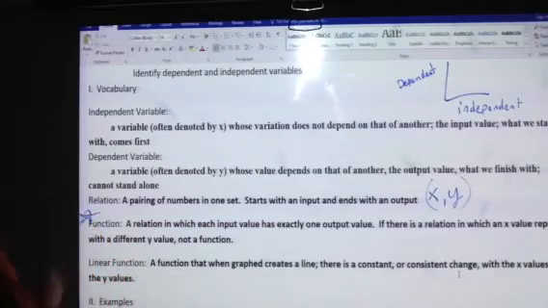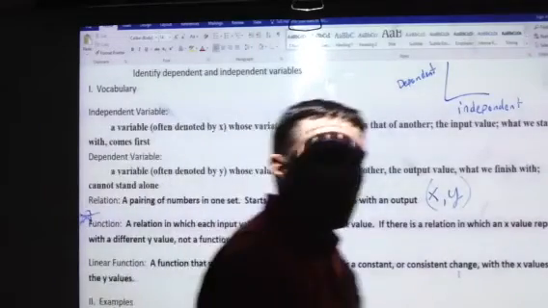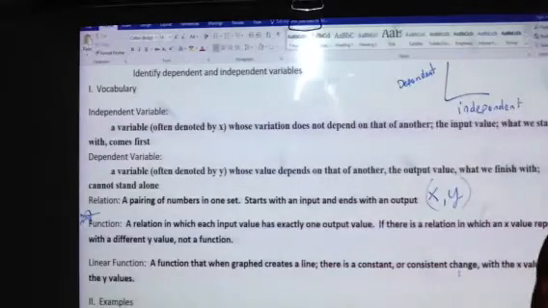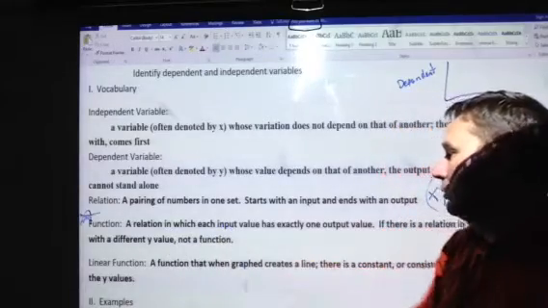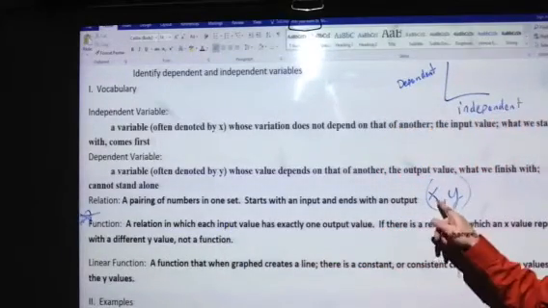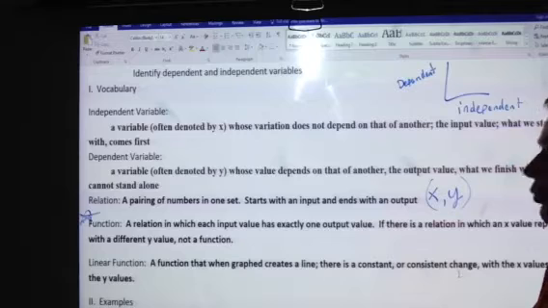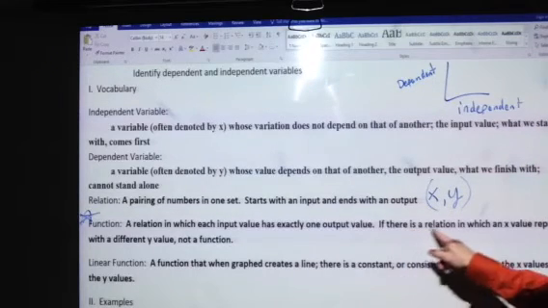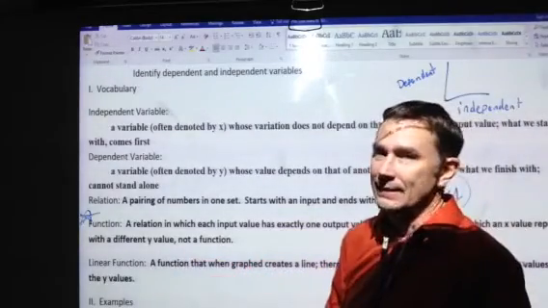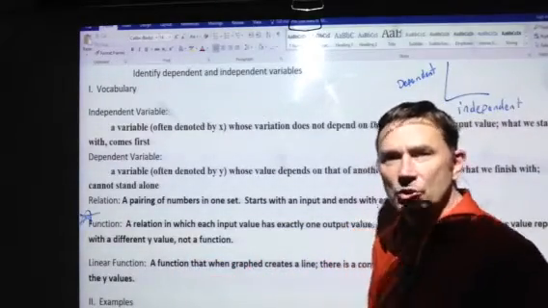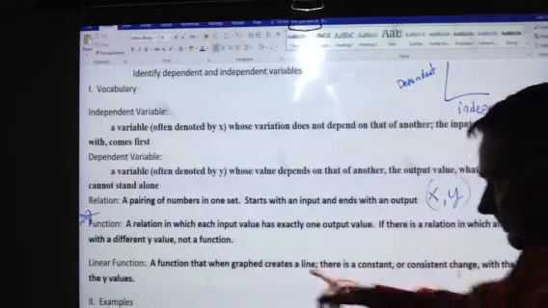Many students confuse this, mess this up on standardized tests, and forget about what the definition means. It's a relation in which each input value, so each x value, has exactly one output value, or one y value. If there is a relation in which an x value repeats with a different y value, it is not a function. Most of the things we talk about are functions.